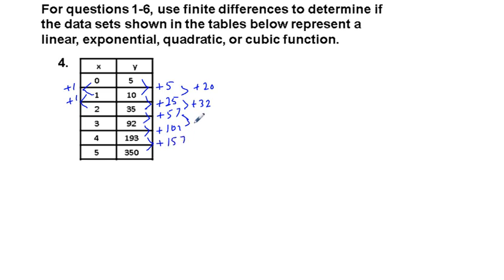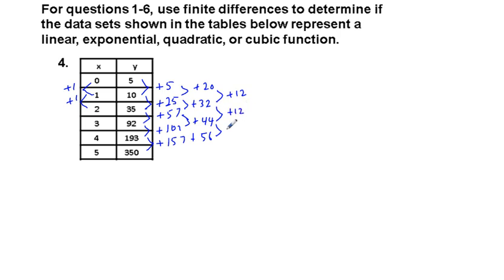So 101 minus 57, that's going to be 44. And we have 157 minus 101. That's going to be plus 56. I think we're in business now. If we take 32 minus 20, that's plus 12. And 44 minus 32, that's plus 12.